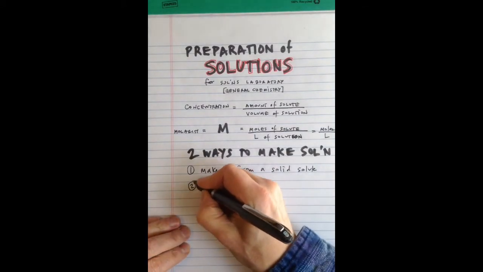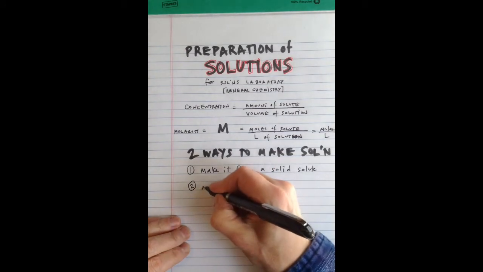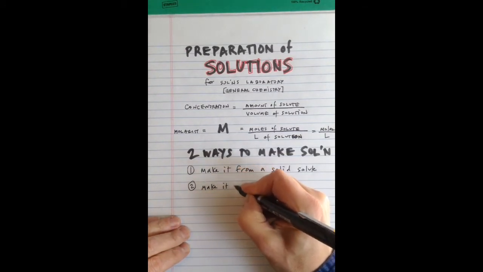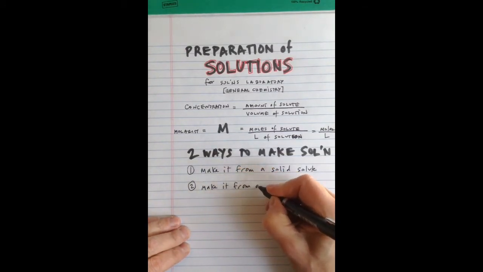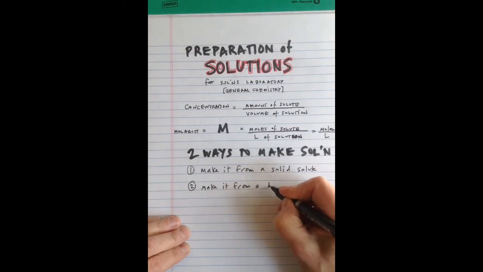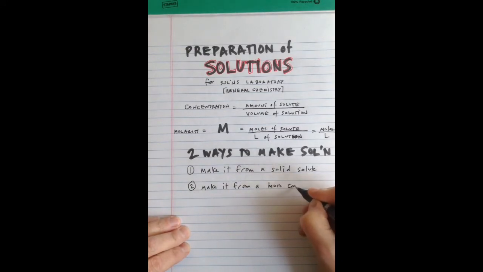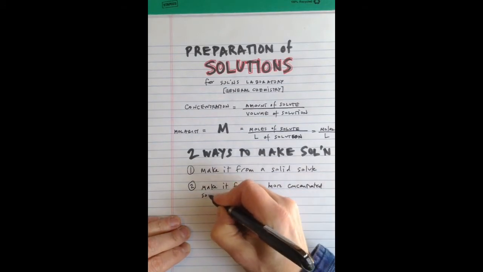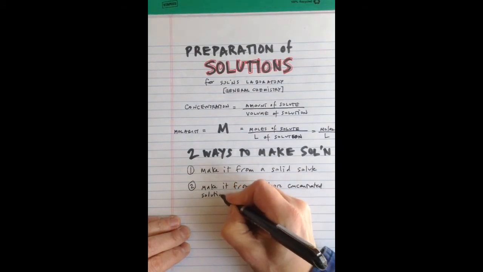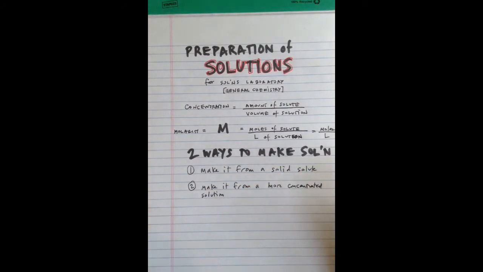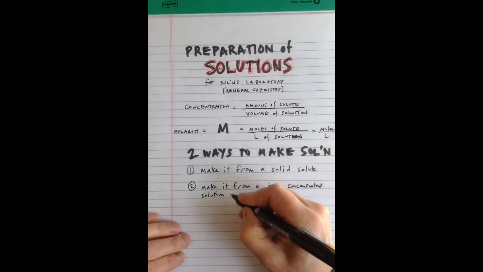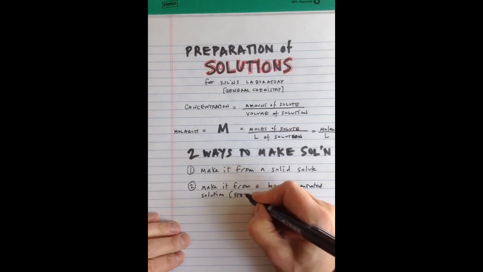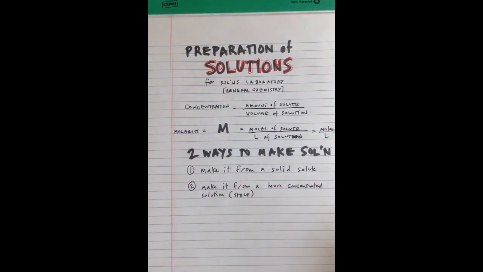The second way is that you can make it from a more concentrated solution. When you have a more concentrated solution, what you're actually going to do is dilute it. That concentrated solution is called a stock. So those are the two ways. You're going to be doing both of those ways in the lab.